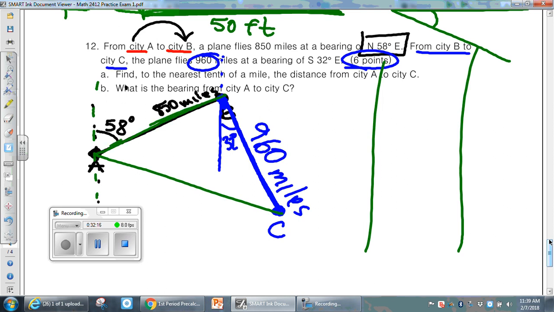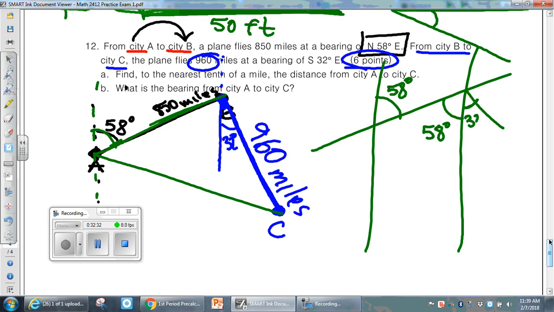I'm going to trace it, okay? It says this angle right here is 58, so this one is also 58. That's 32, and then this one is 32. So that's 90, right? So this one is 90 for sure. So we could do Pythagorean theorem, yes.